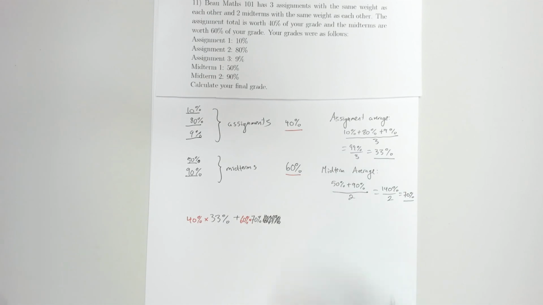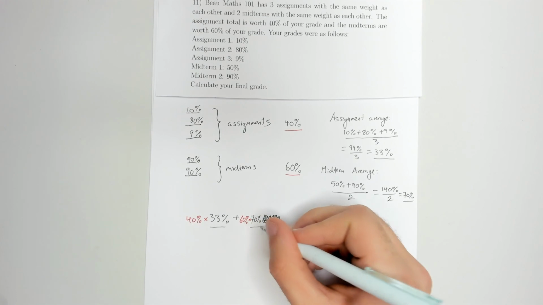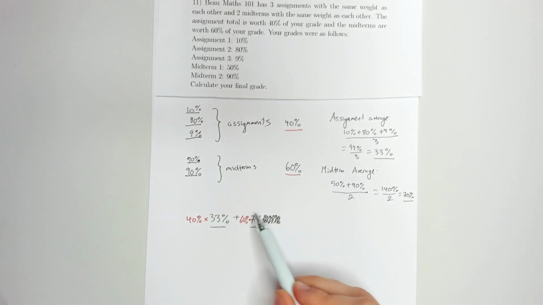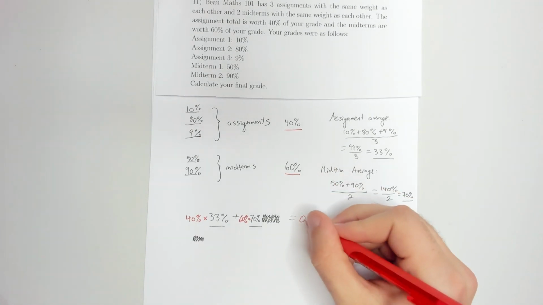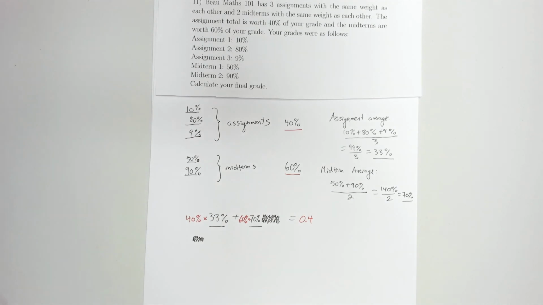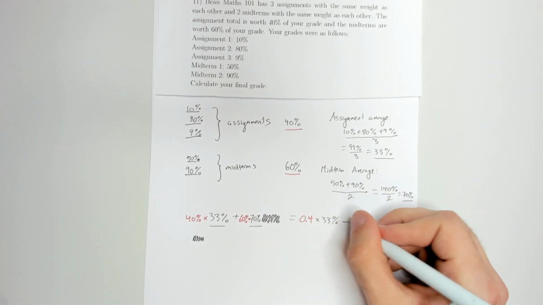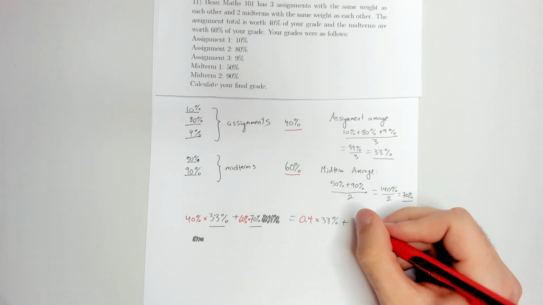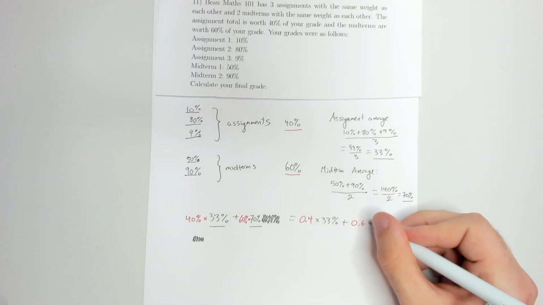Because our units are in percent, and we want a grade that's represented in percent, we're going to keep these percentages as normal, because the 33% and the 70% are actually what we scored. But the weights, we're going to convert into decimals. So 40% as a decimal is 0.4, and we're applying that to the 33%. And 60% as a decimal is 0.6, and we're applying that to the 70%.